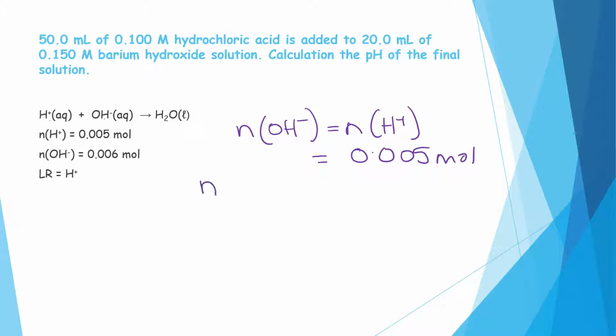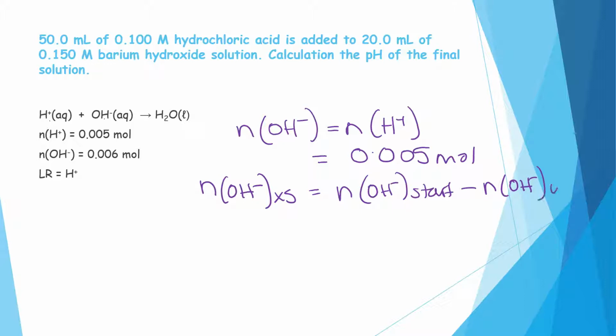So the number of moles of hydroxides in excess will equal the number of moles of hydroxides from the start minus the number of moles of hydroxides used. So this will be equal to 0.006 minus 0.005, which is equal to 0.001 moles.